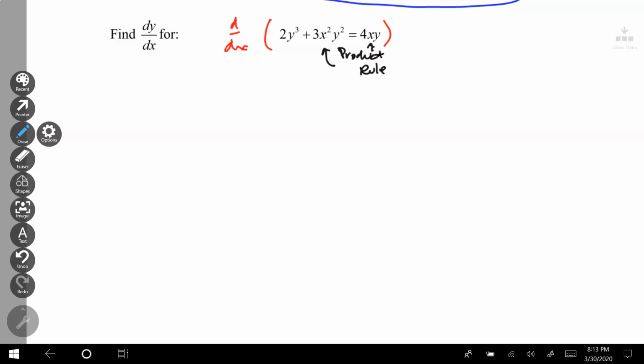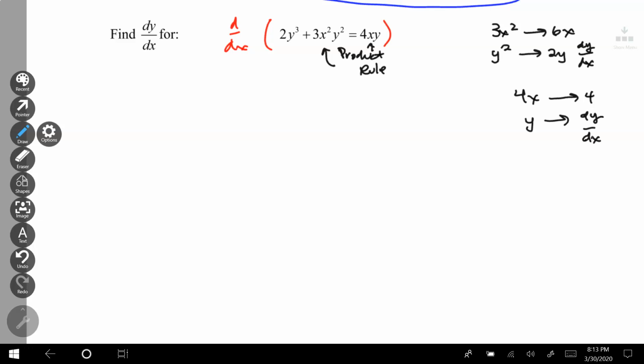I'm going to do that work on the side. I got 3x squared turns into 6x, and y squared turns into 2y dy over dx. The second one I have is 4x. That turns into 4, and y turns into 1 dy over dx.